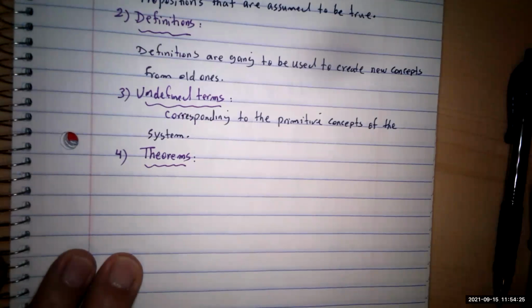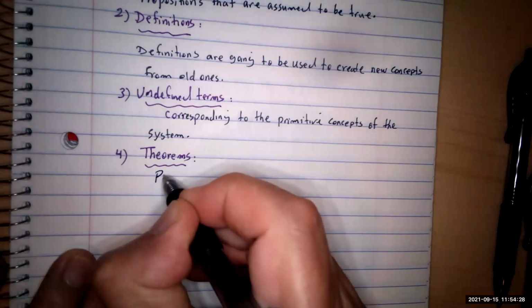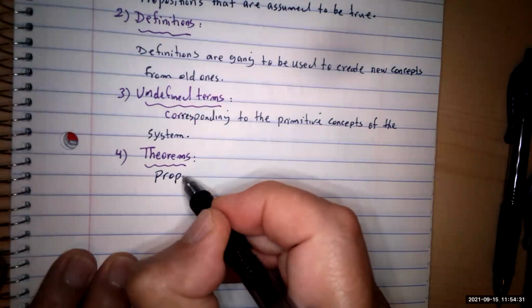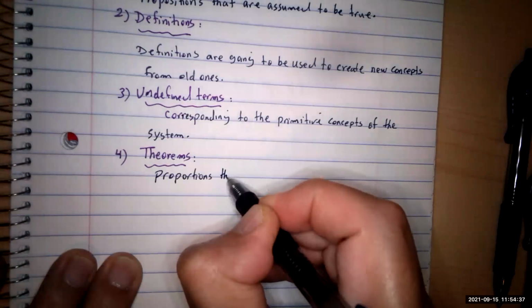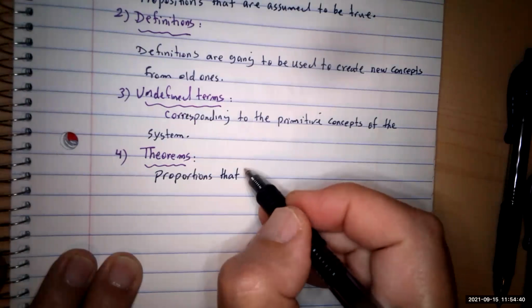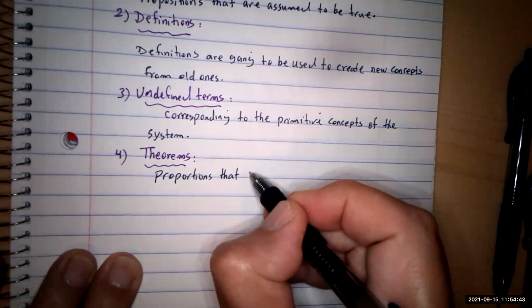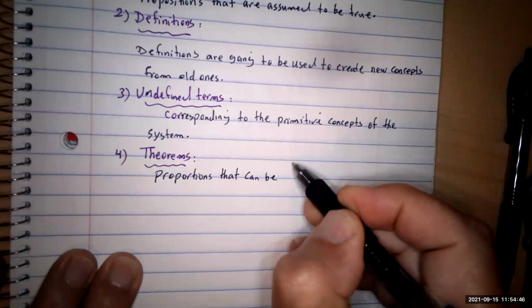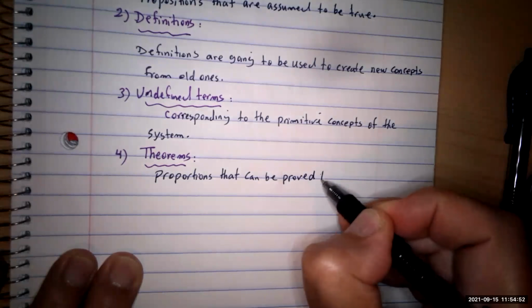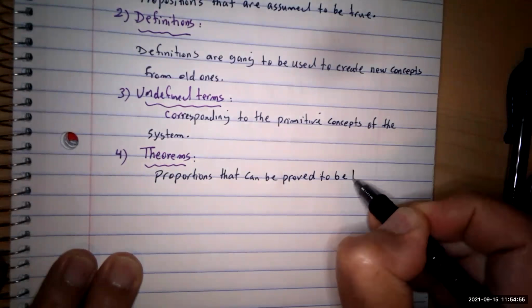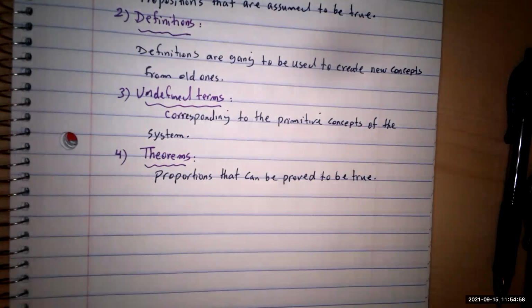So the theorems are propositions, most of the time conditional ones, that can be proved to be true. You create something and you claim something, and then you are going to prove it.